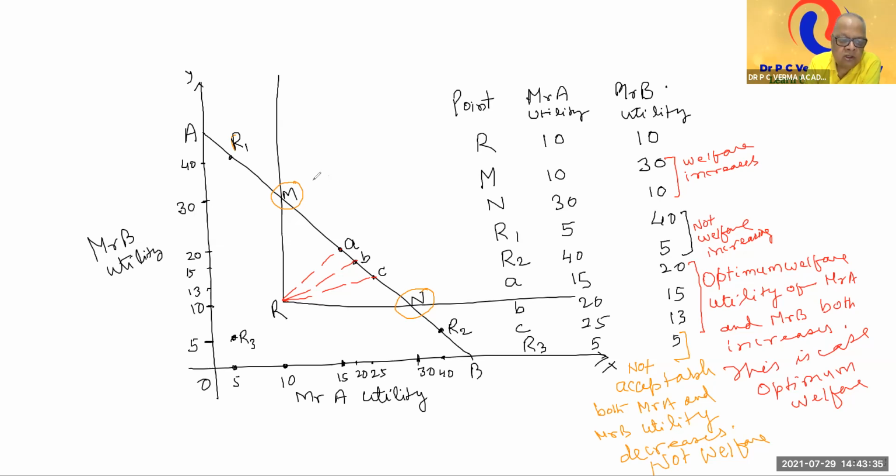What we find out is that this is optimum welfare.